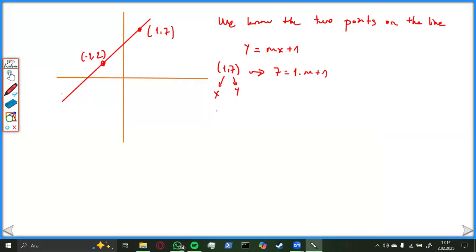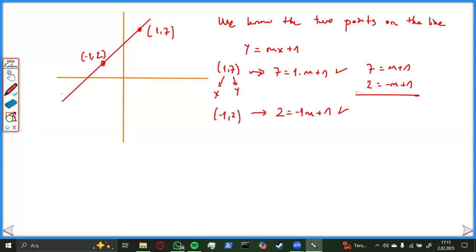And for the other point, minus 1 and 2: 2 equals minus 1 times m plus n. Right now, m and n are the variables. So we see two different equations: 7 is m plus n, and 2 is minus m plus n.